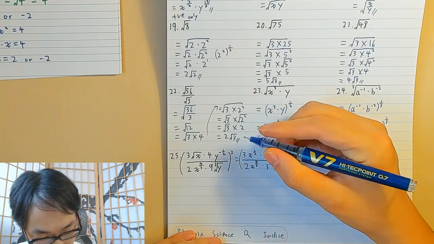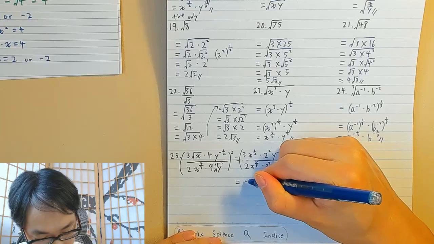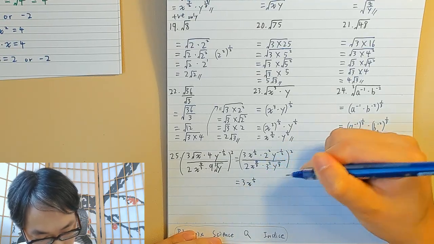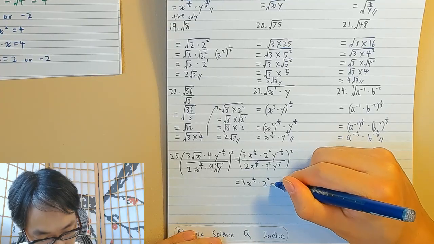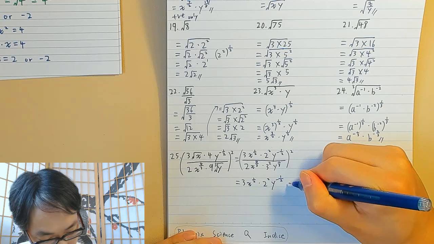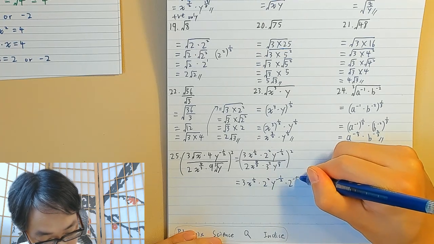So this is equal to 3 x to the power of 1 over 2 times 2 squared times y to the power of negative 1 over 2 times 2 to the power of negative 1.